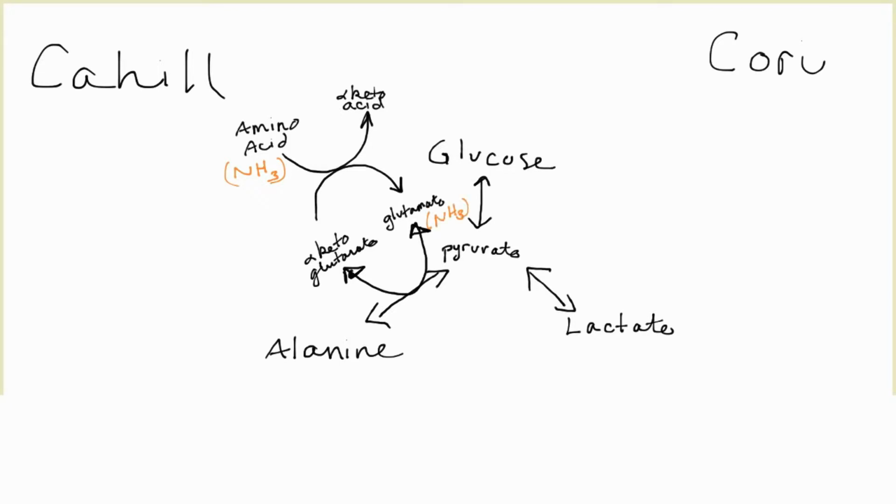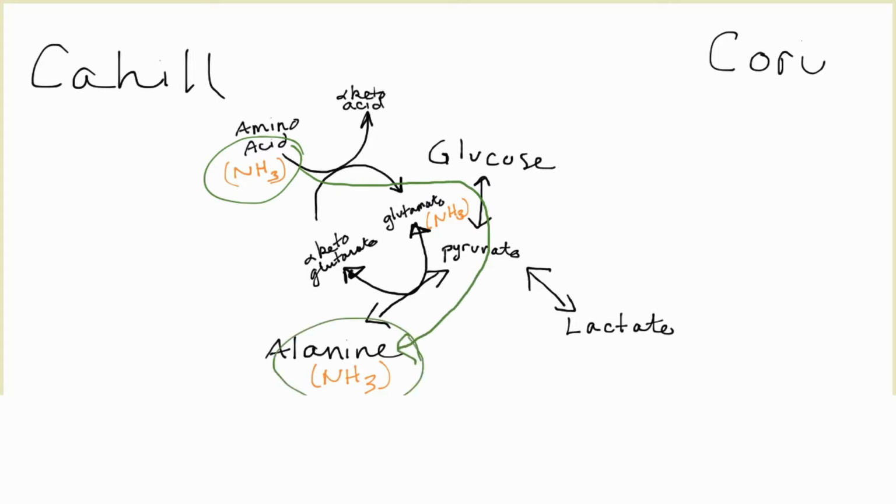And then as you move again from pyruvate to alanine, your alanine is also going to be a source of ammonia. So then remember, as we move from the muscle to the liver, we are transporting these amino acids or this ammonia now into various products and metabolites where it eventually gets to alanine.